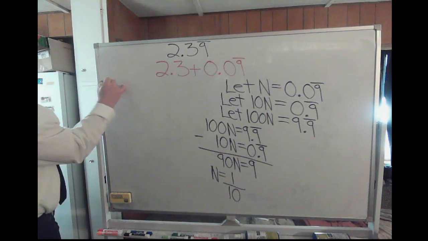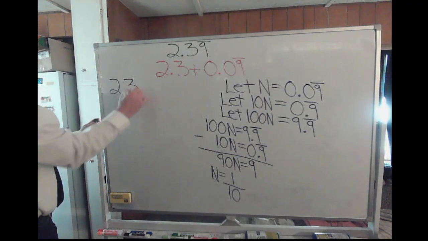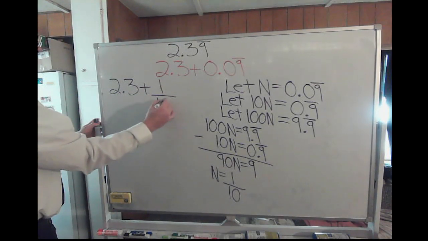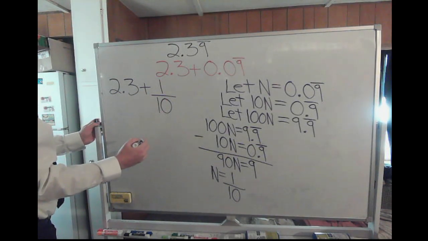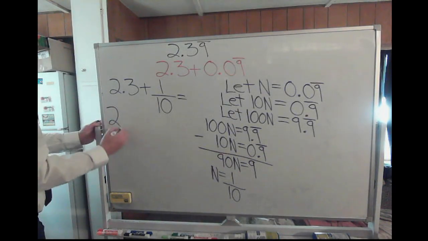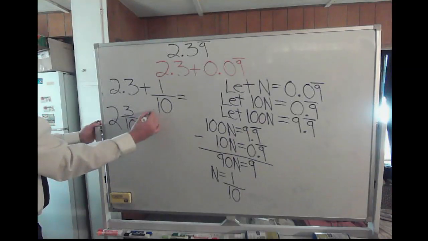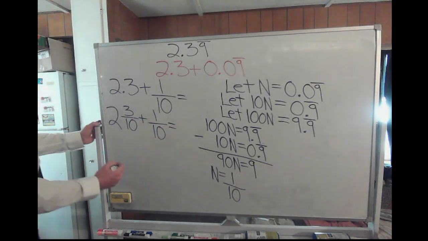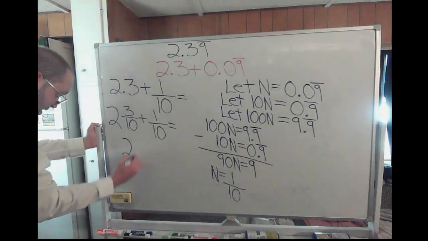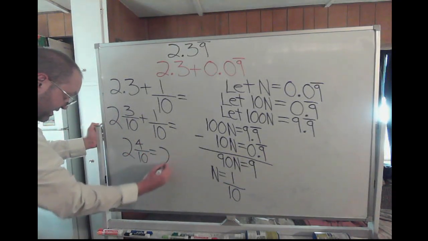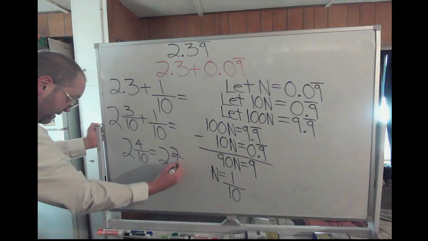Now all you have to do is take your 2.3 plus your 1/10, which we know the 2.3, that's the same as 2 3/10 plus 1/10, which is going to be equal to 2 4/10, which is roughly the same as 2 2/5.